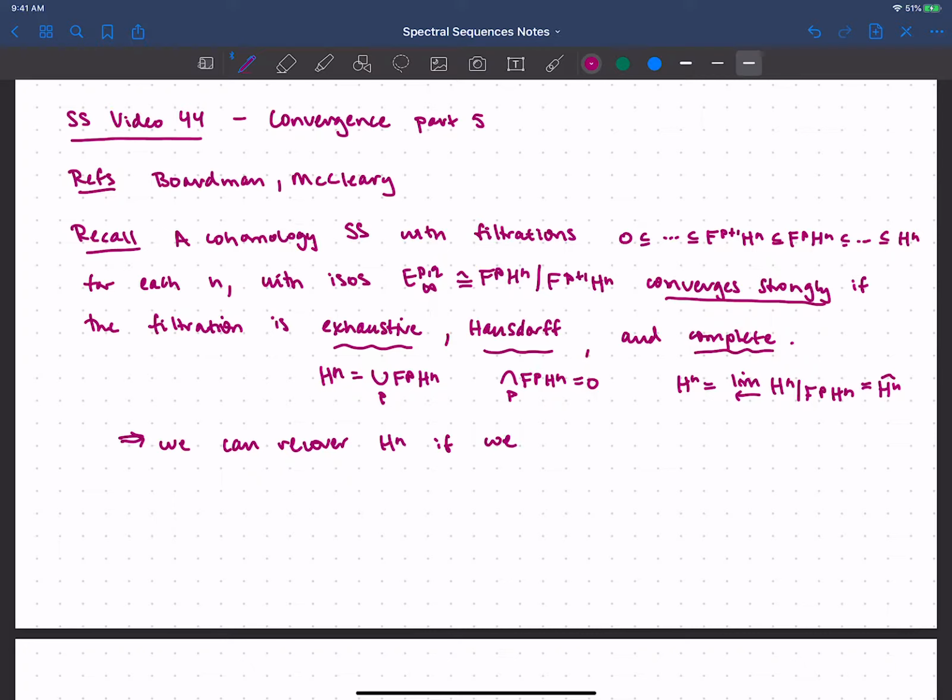Okay, well, that might not be easy, but let's say if we can solve all those extension problems. So, in other words, no weird lim 1 terms, no other problems. Just extension problems.